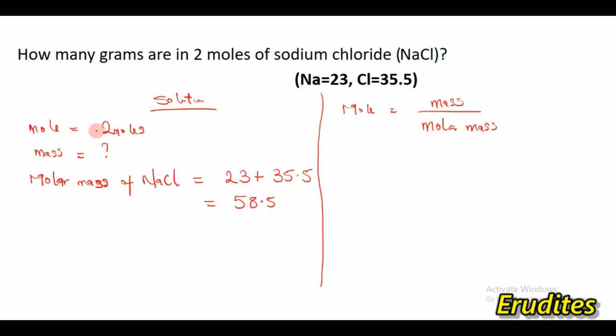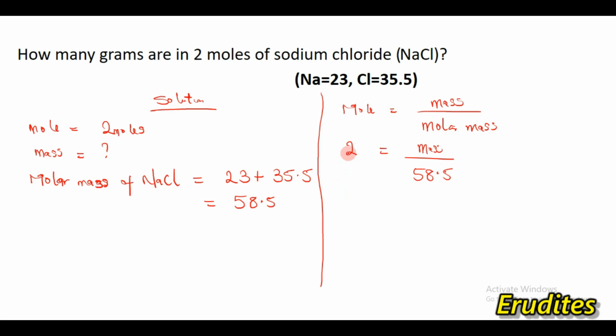So from the question, we are given that there are 2 moles of sodium chloride. So we write there 2 is equal to mass, which is what we are looking for, over the molar mass of sodium chloride. The molar mass of sodium chloride is 58.5.